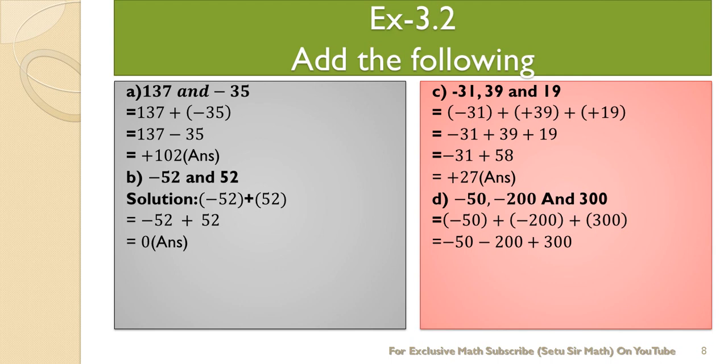To 250 we will add 250, and the sign will be the bigger number's sign, and the bigger number is 200, the sign is minus in here, so minus 250 plus 300, so plus and minus, that would be minus. So from 300, if we minus 250, we get 50, and the sign will be plus.